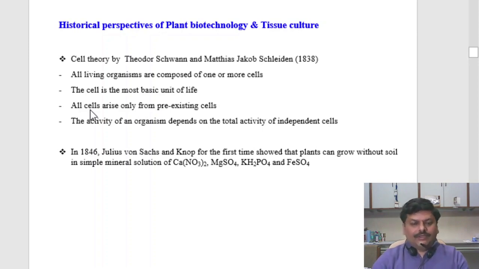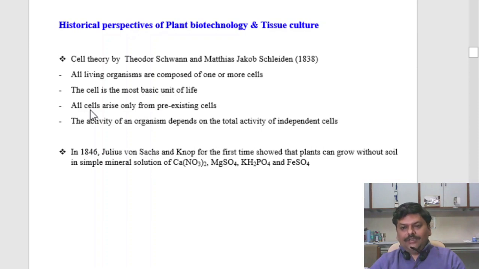Well, there is an exception now, but cells arise from pre-existing cells only, either by means of cell division or by formation of embryos and development of whole organisms. And the activity of an organism depends on the total activity of independent cells. That means if there are multi-organ organisms, say for example humans, there are organs, then organs are made up of tissues, and tissues are made up of specialized cells only.